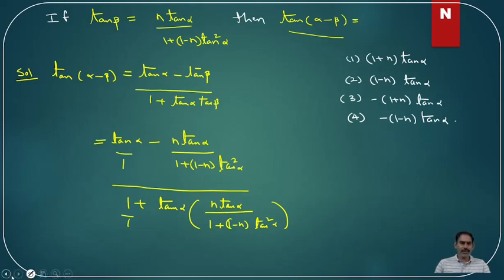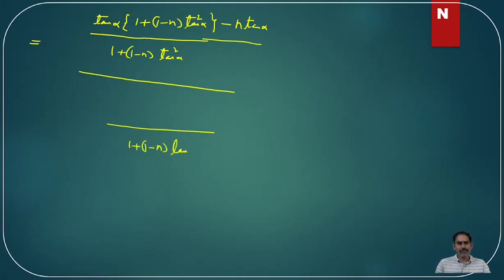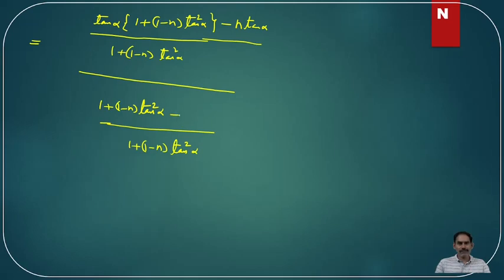Denominator: 1 into 1 plus 1 minus n into tan square alpha, next n tan alpha into tan alpha, n into tan square alpha, plus n into tan square alpha.